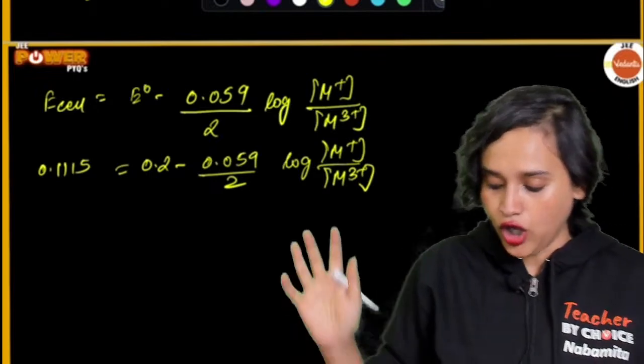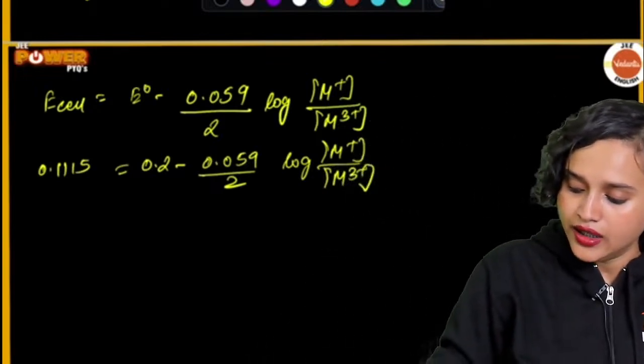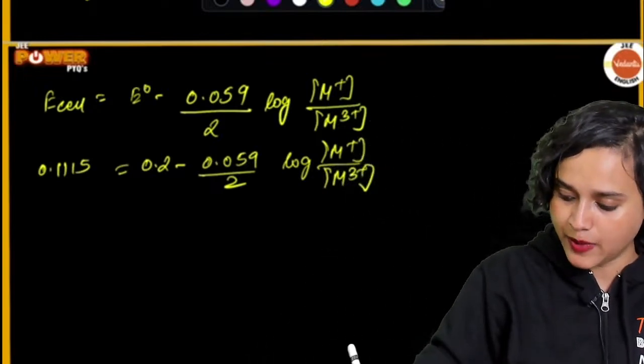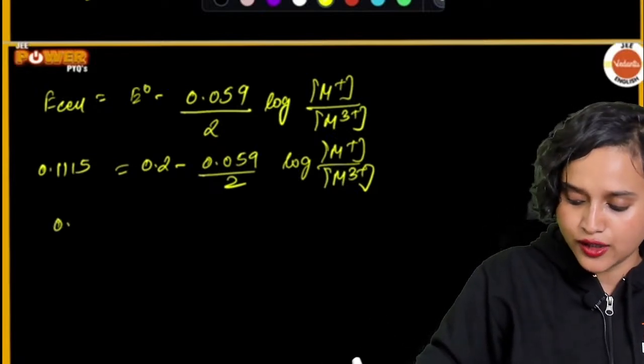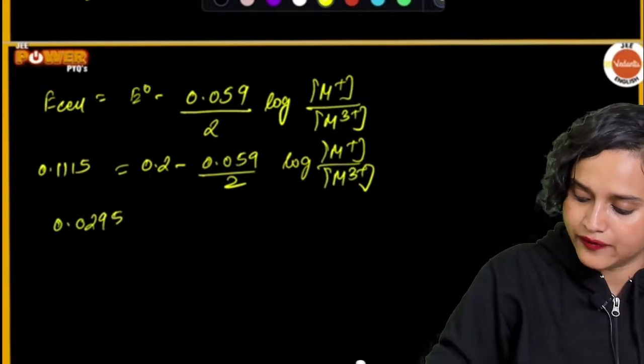Great. Now, if we solve this part, this will get divided here, so we will get 0.0295.